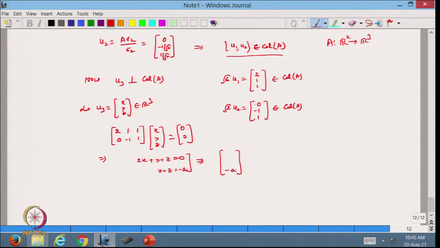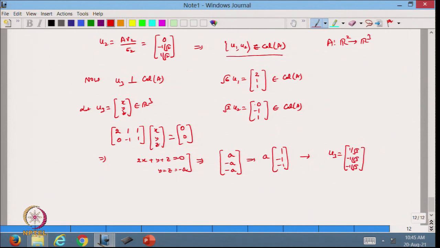So I take y and z as minus A, and then x is A, so I can take this vector as (1, -1, -1). Now I can normalize this one, so I choose u3 by dividing by its magnitude: (1/root 3, -1/root 3, -1/root 3).